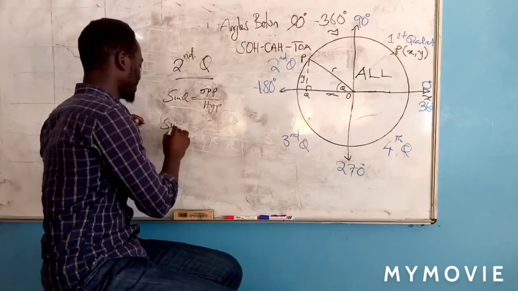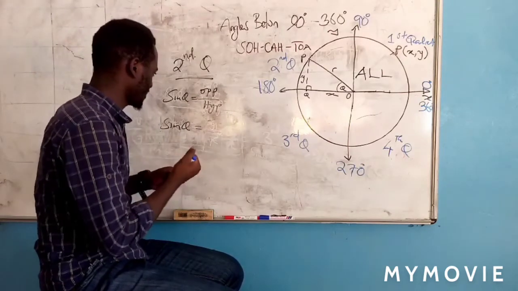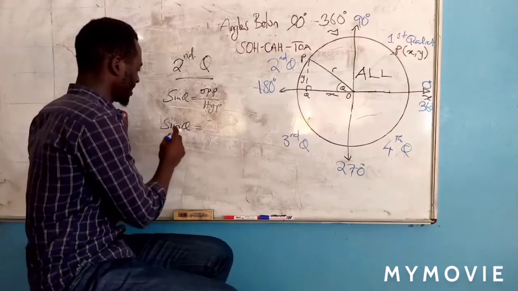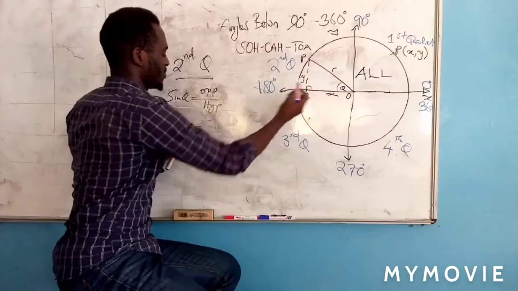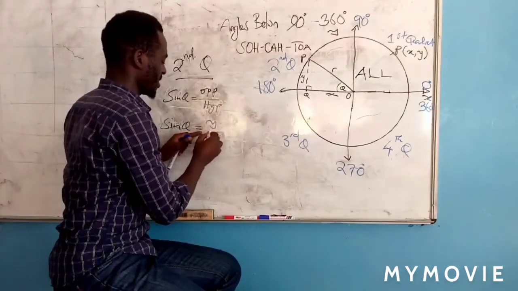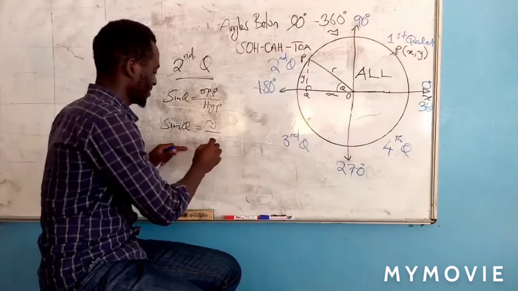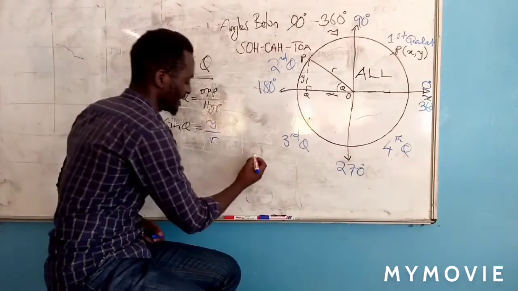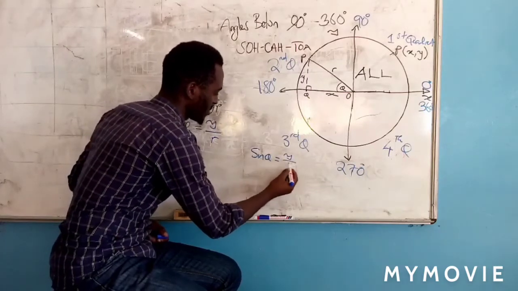Opposite to this angle is y, over hypotenuse, which is r. So I'm going to write that down: sine theta is equal to y over r.